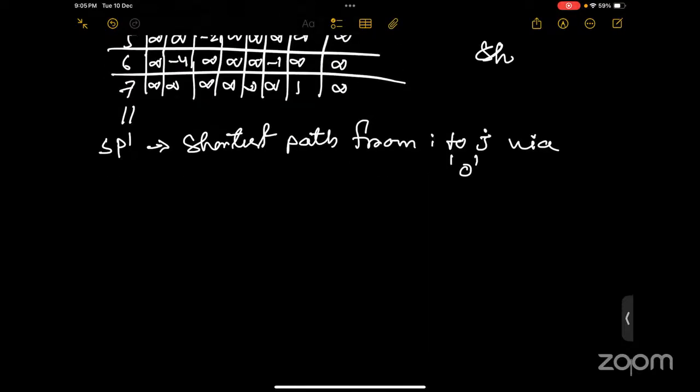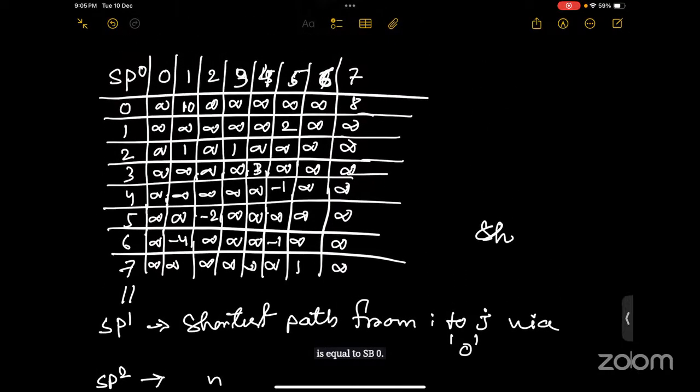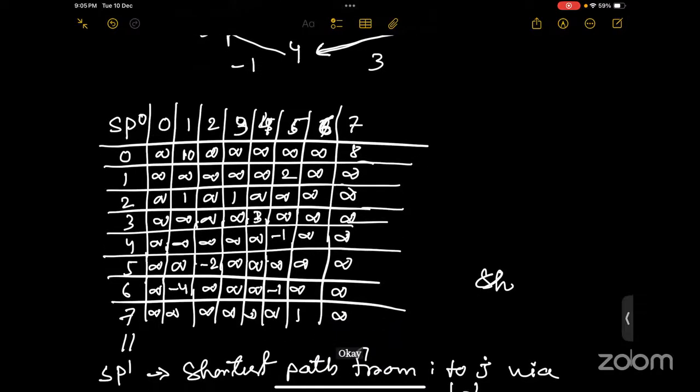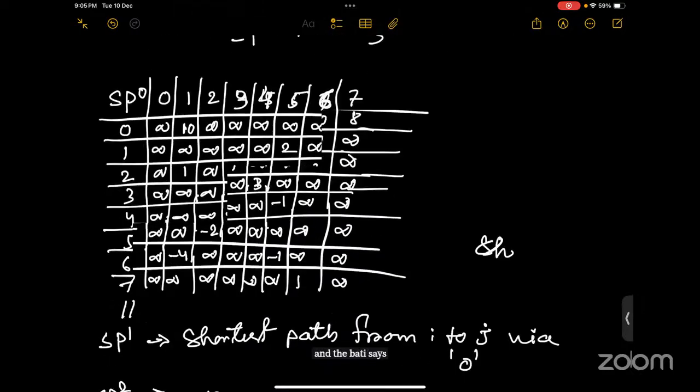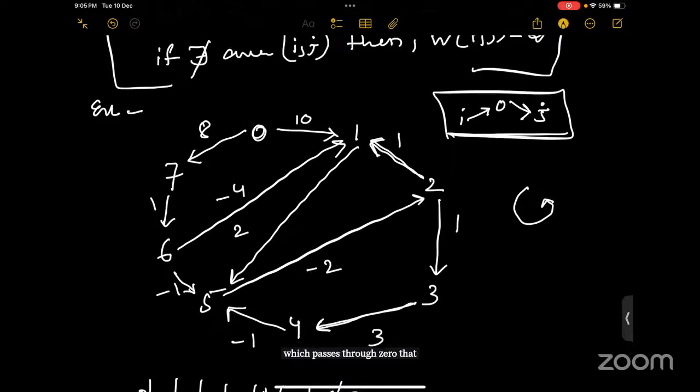Okay. Then we will calculate SP2. SP1 is equal to SP0. SP1 means we will consider the direct edges and the vertices which pass through 0.